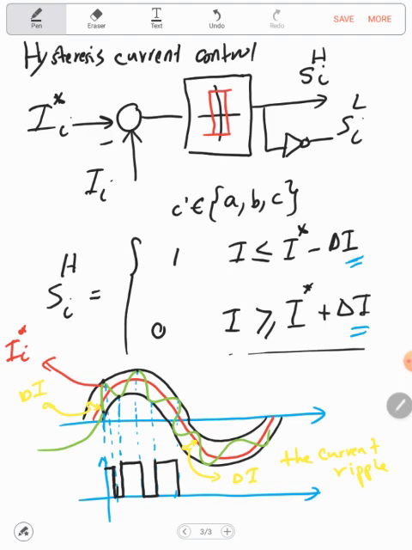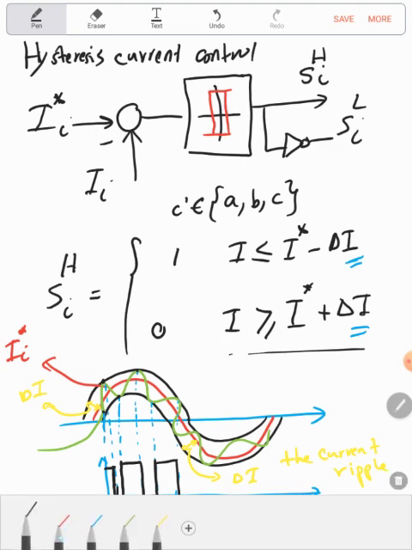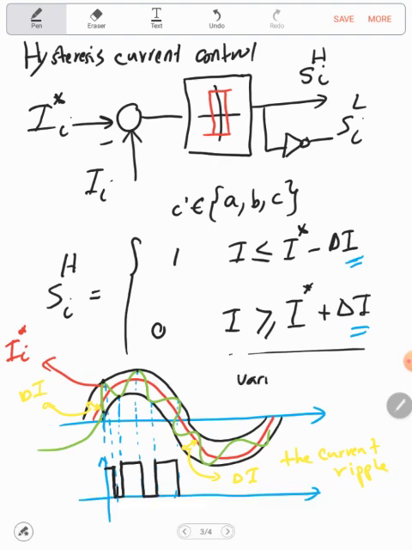Now, you should understand that the hysteresis current control is actually a nonlinear current control. It is very fast, but suffers from a variable switching frequency. So simply in the hysteresis current control, the switching frequency is variable.